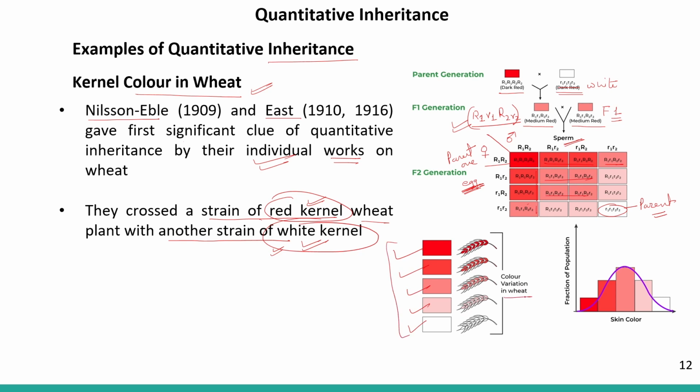Color variation in wheat we can see, and we can see this skin color. At the end of the graph, this and this are showing the parental form.